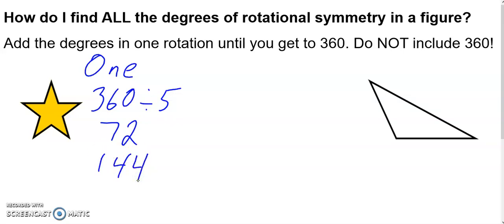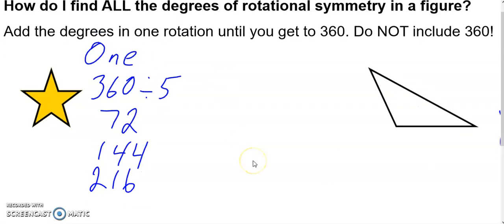So 72 plus 72 is 144, plus 72 again is 216, plus 72 again is 288. And then add that to 72 again, and we'll get 360.